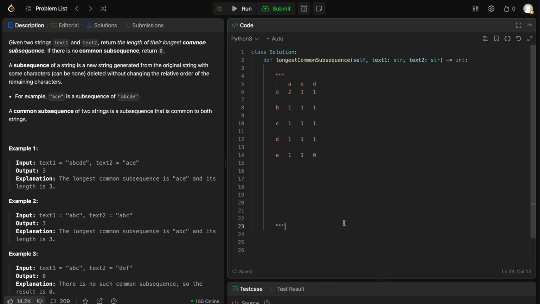So what's the logic actually here? Did I explain this correctly? So how would we solve this? Let's imagine we have 0, 0, 0, 0, 0, 0.